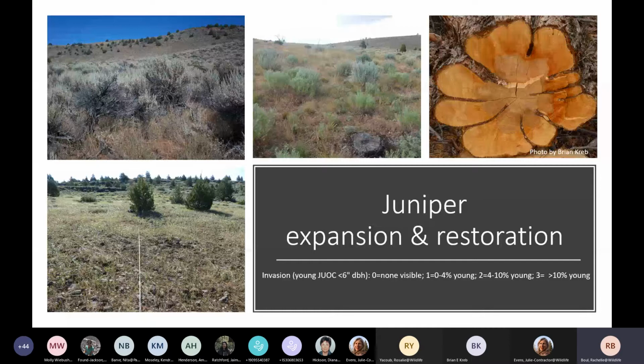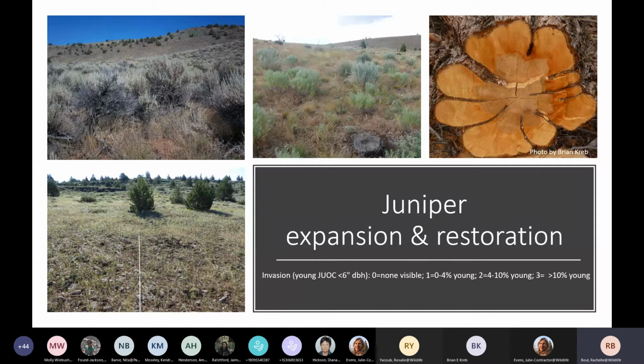The attribute also has an intensity range that identifies when there's minimal, moderate, or high expansion of young junipers. So that can be used as thresholds of when removal of juniper or restoration might occur.